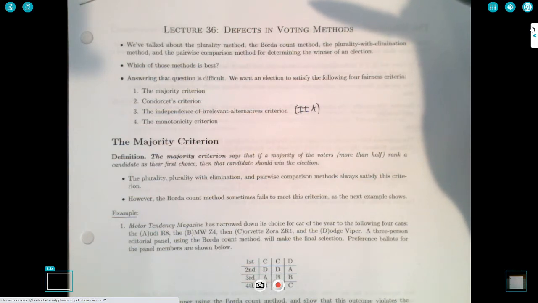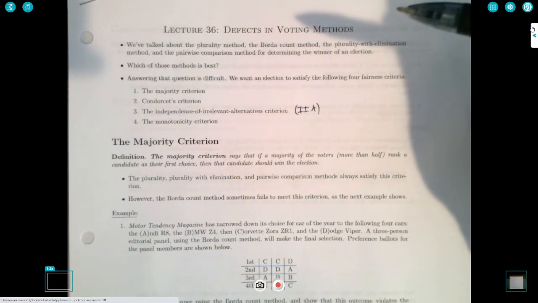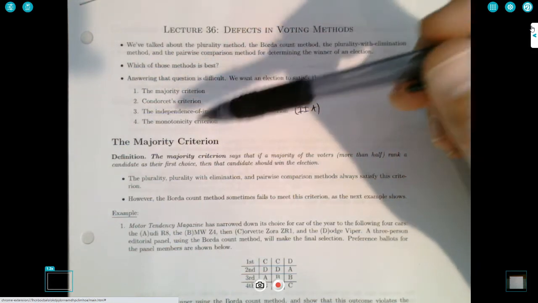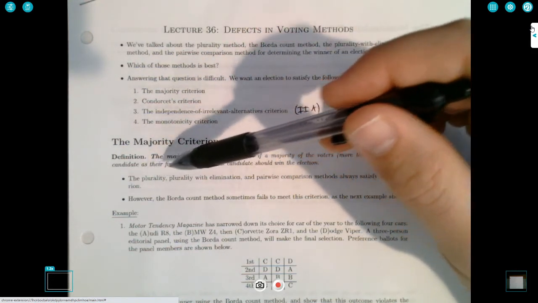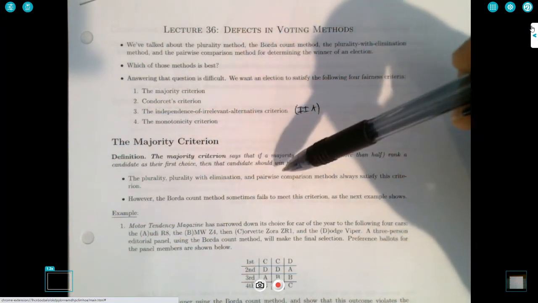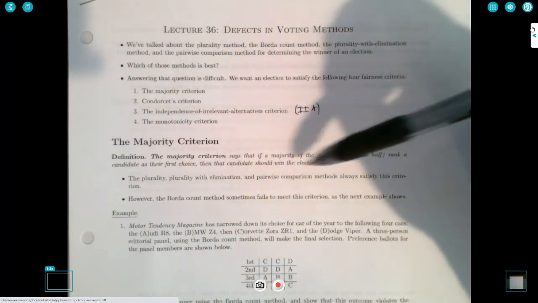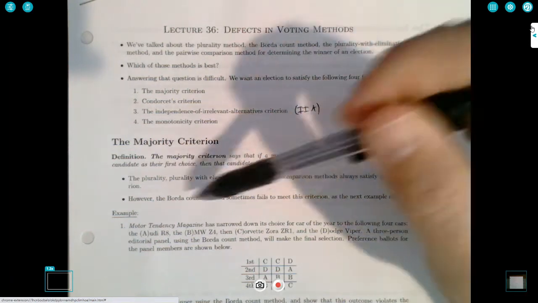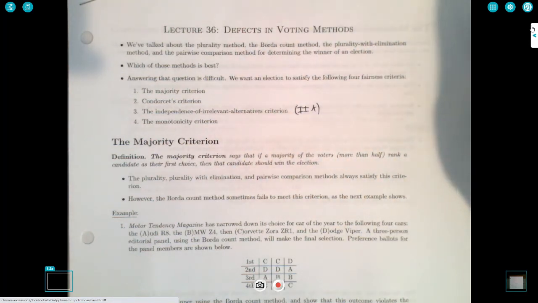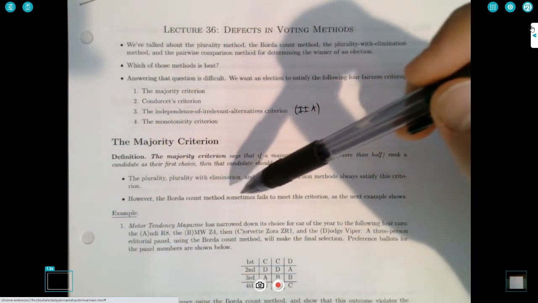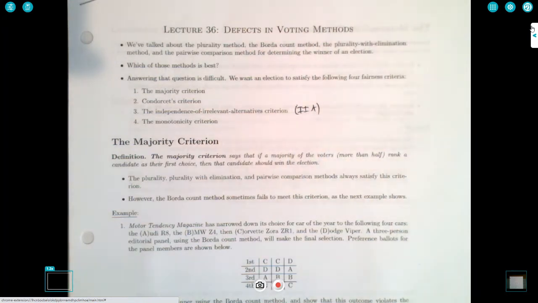So if more than half of people rank some candidate as their first choice, that candidate should win. The plurality method, the plurality with elimination method, and the pairwise comparison method, all 3 of those methods always satisfy this criterion. However, the Borda count method sometimes fails to meet this criterion, and we can see that in the next example.